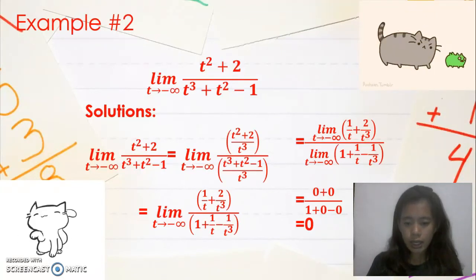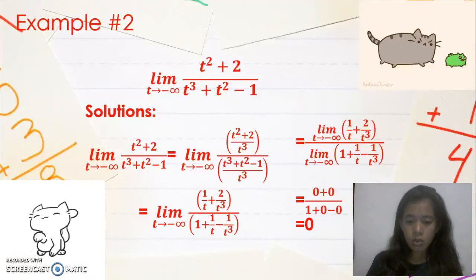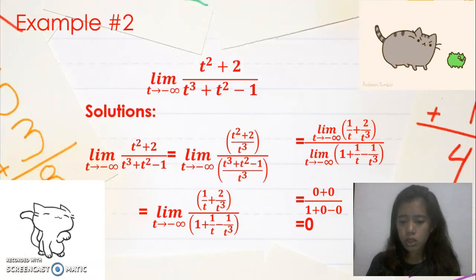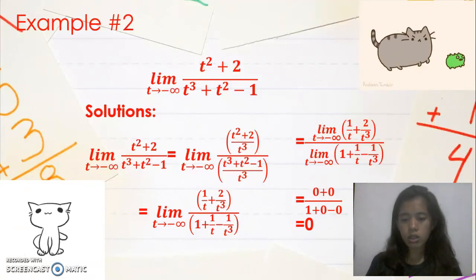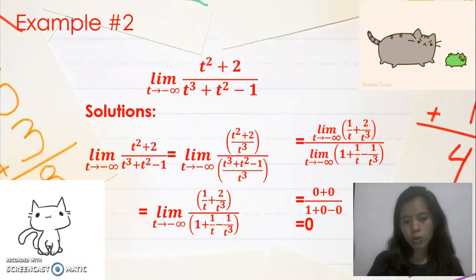This is because the highest power of t in the numerator is smaller than the highest power of t in the denominator. Notice that this means that the function f of t equals t squared plus 2 over t cubed plus 2 minus 1 has a horizontal asymptote of y equals 0.